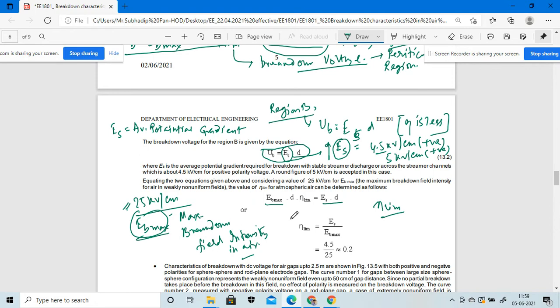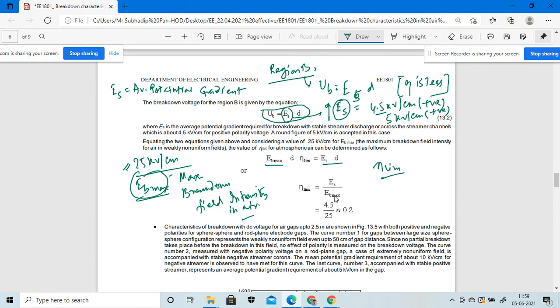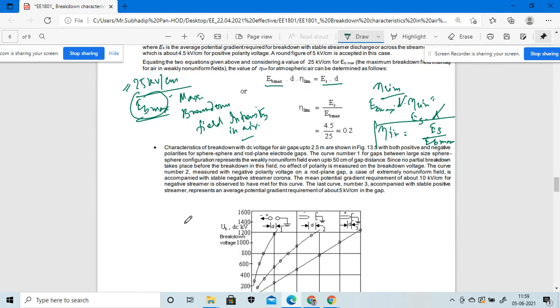So d will be cancelled out, and the limit is E_s divided by E_b max.